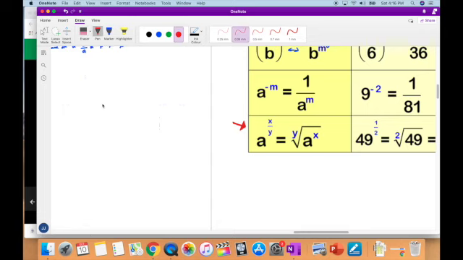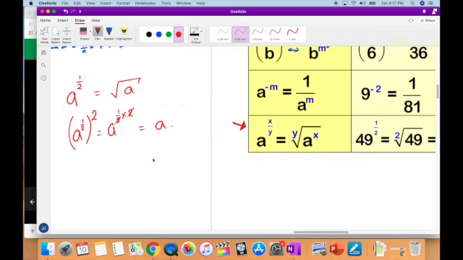Right? How could we prove that? A to the power of a half is equal to the square root of a. Watch how easy the proof is. A to the power of a half, all squared. And we know from the previous rule that is a to the half multiplied by 2, which is a.